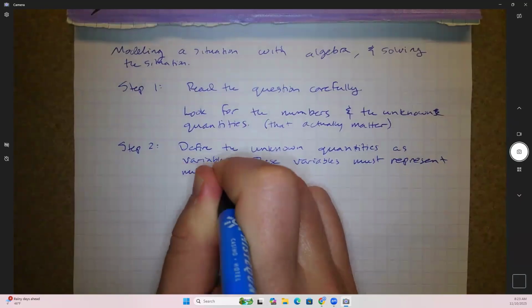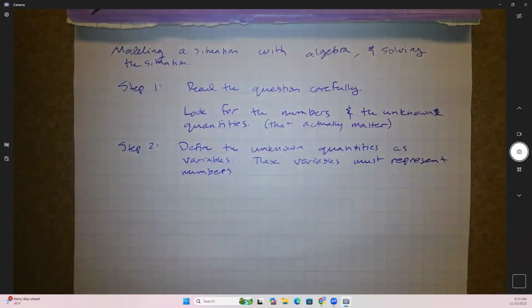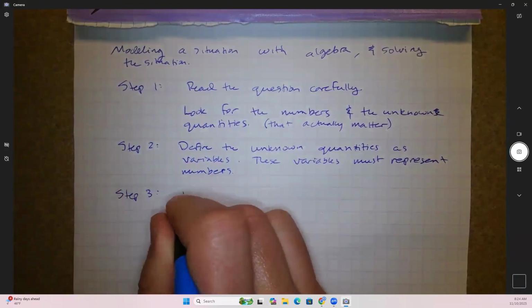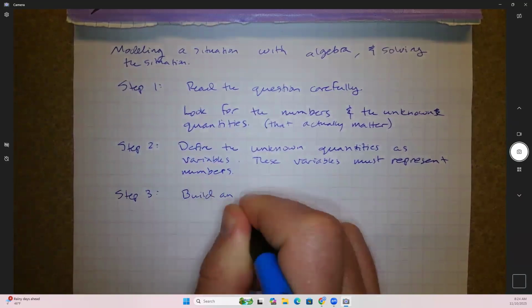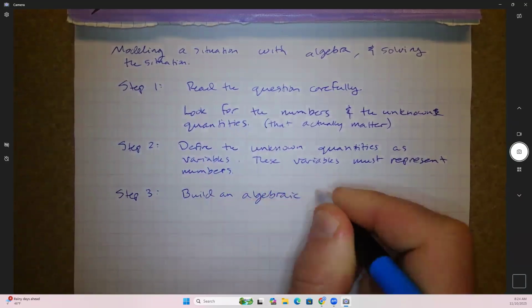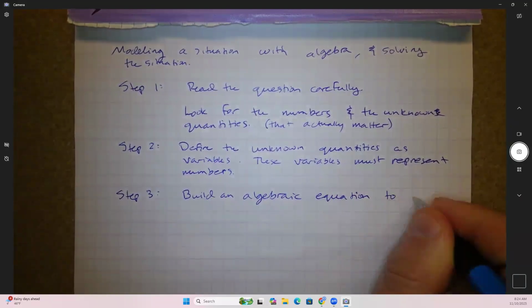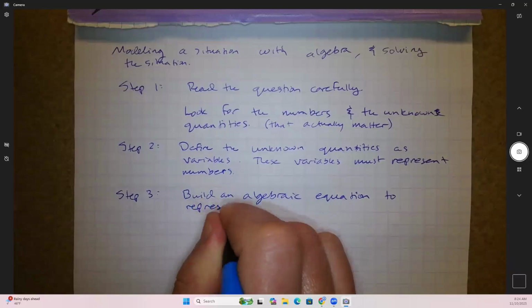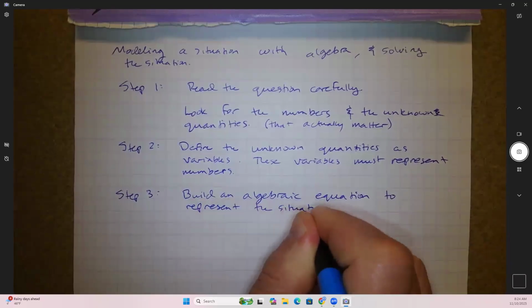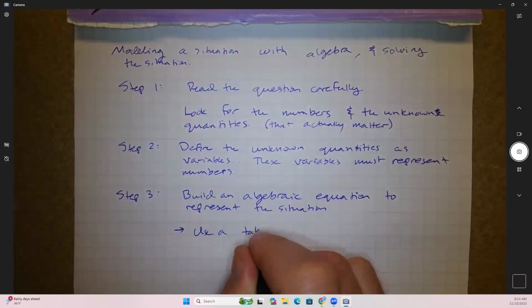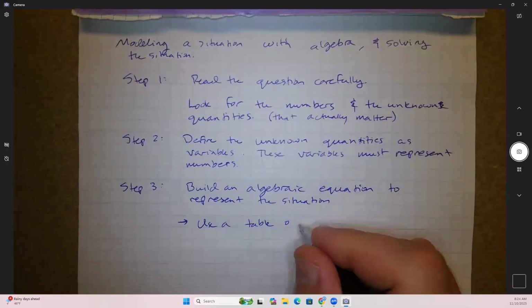Pounds of turkeys, number of days. Step three, build an algebraic equation or expression, usually equation, to represent the situation. Use a table or pictures if it helps.